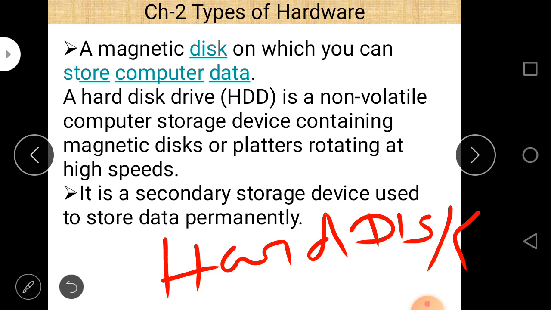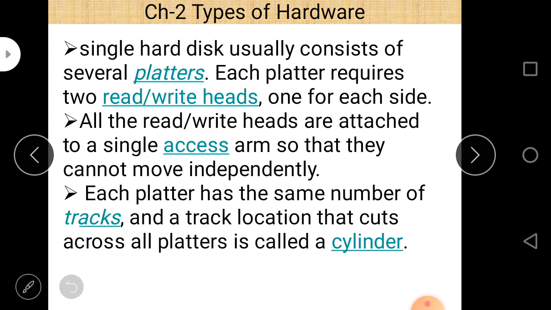Obviously all secondary devices are non-volatile, so it is also non-volatile, but data is stored in this hard disk in the form of magnetic memory. And a single hard disk usually consists of several platters.